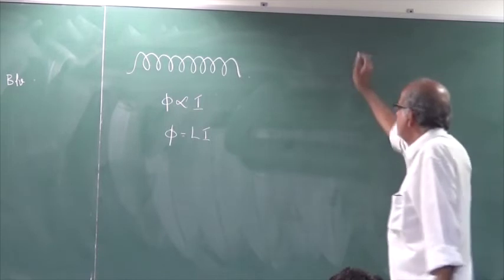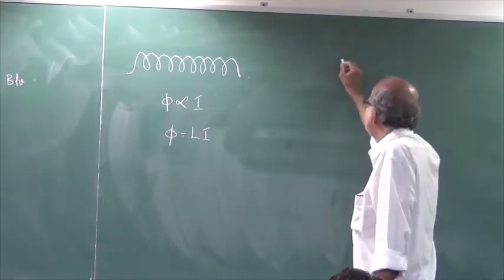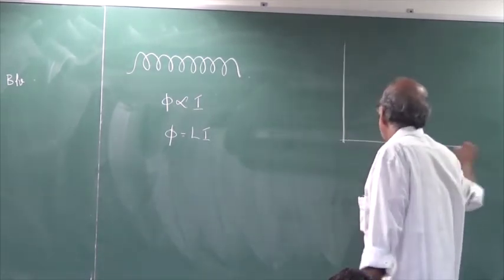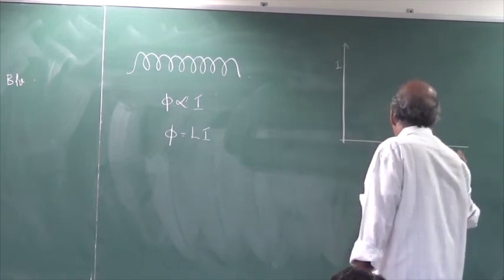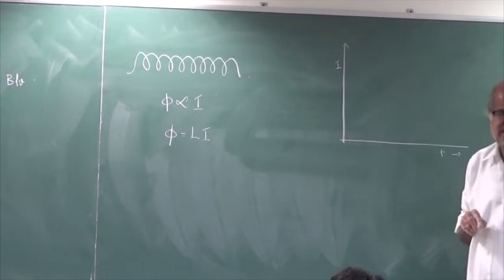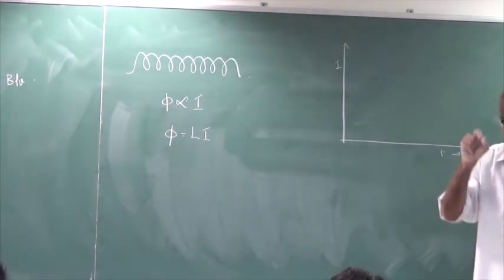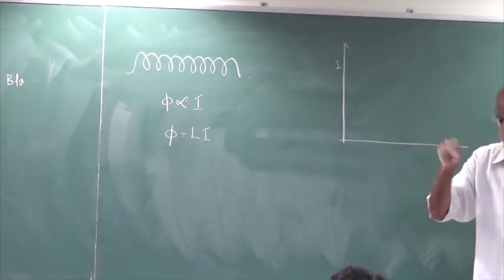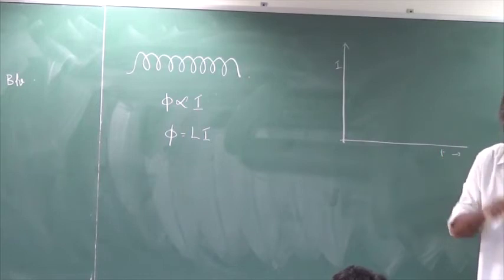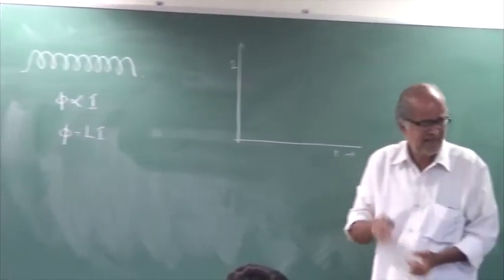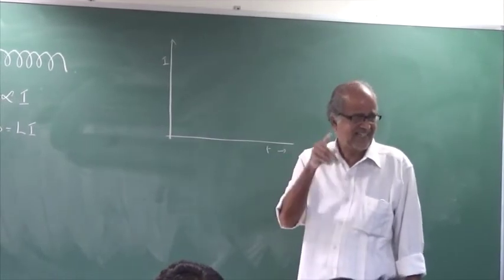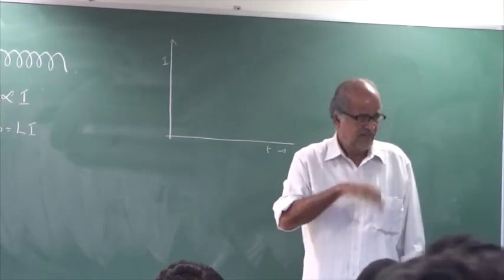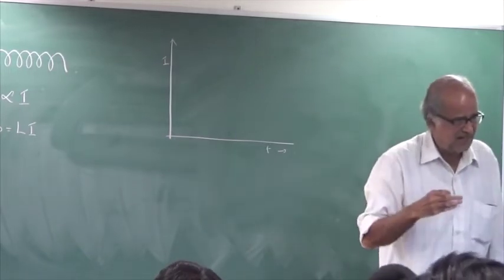Now, let's take up this coil. Suppose I plot a graph of current in the coil versus time. What do I expect? I have taken a coil of a number of turns and connected it to a battery. I switch on the battery. The moment I switch on, the current starts rising. As the current rises, initially the rate of change of current with time is large.